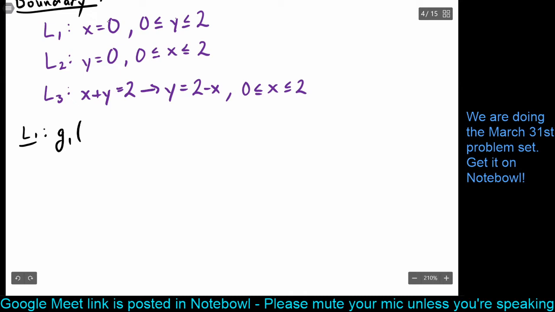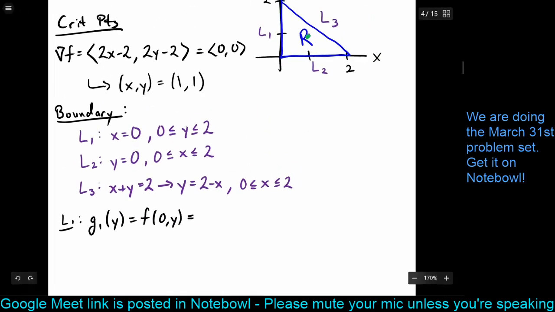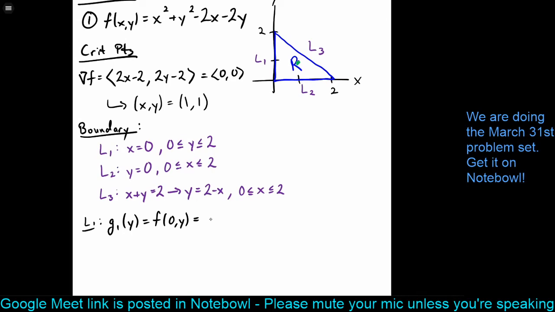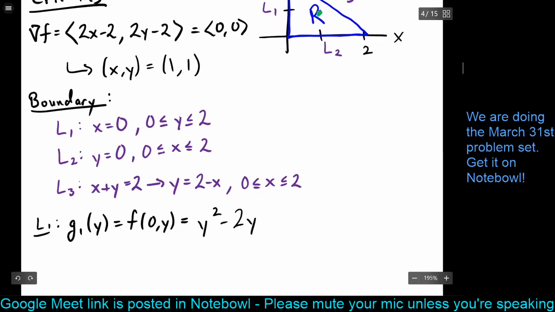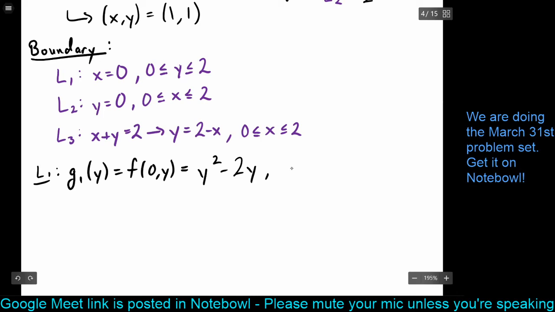Since x is going away, let me call this g1 of y. So this will be f of 0, y. And if we plug that in, we're going to get y squared minus 2y. So we're maximizing this function on the interval from 0 to 2.